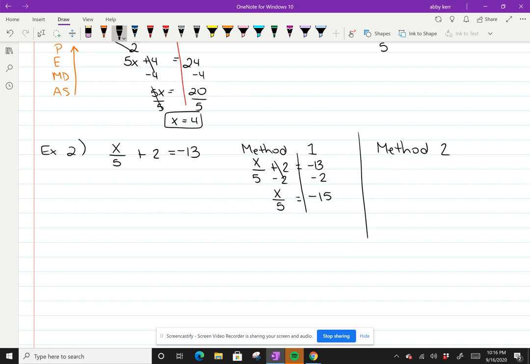Remember that division, that fraction bar, it just means that we're dividing. So to undo dividing, we multiply by 5 and we multiply by 5. That goes away. And then we are left with negative 75.